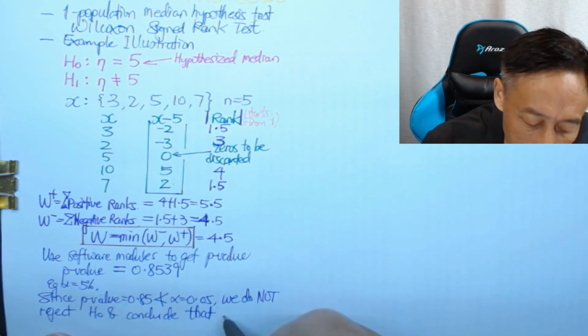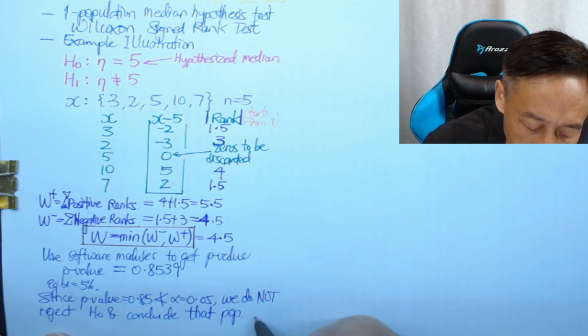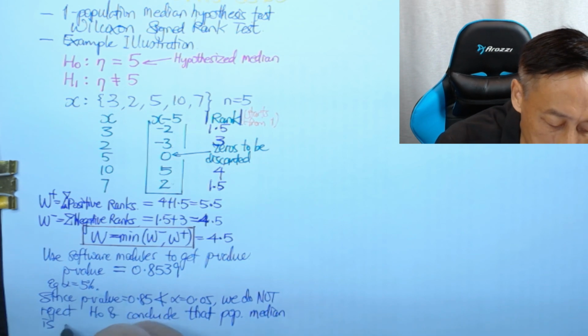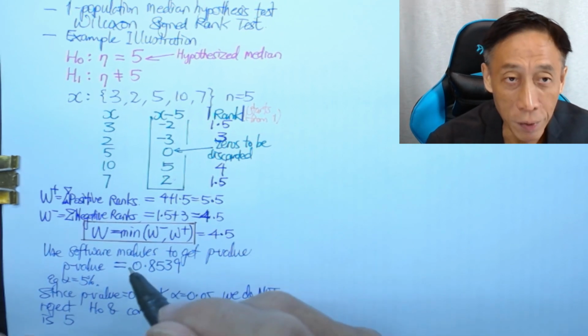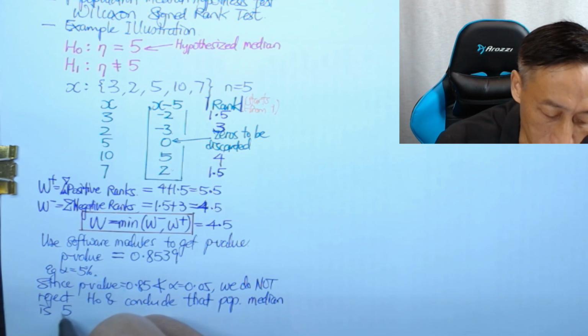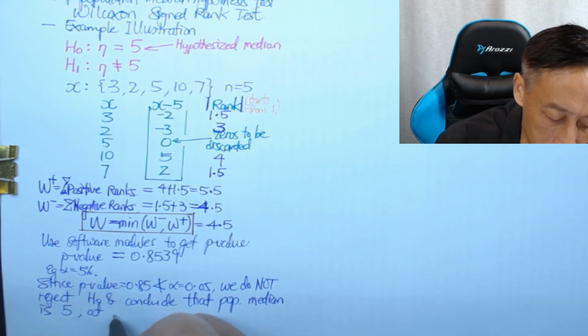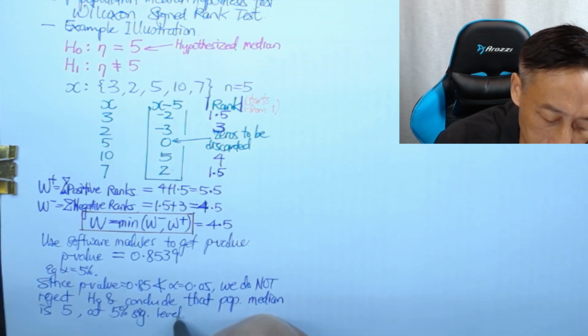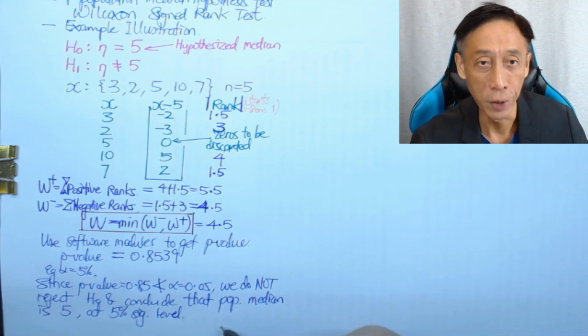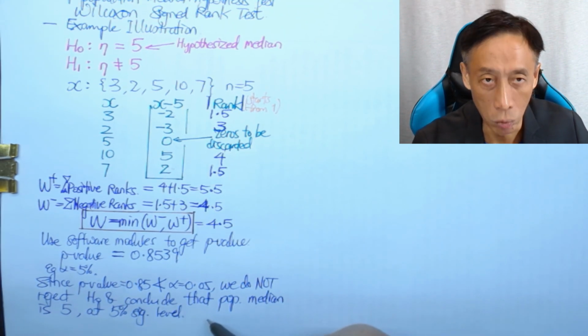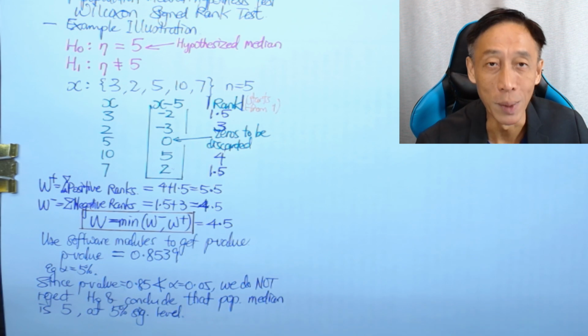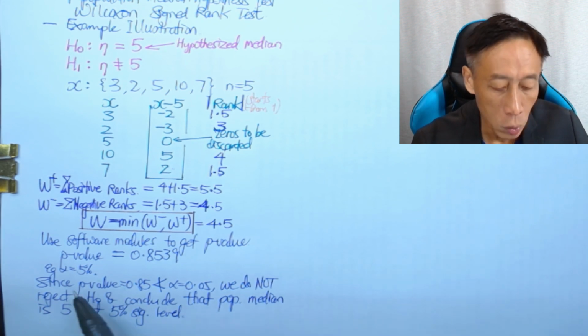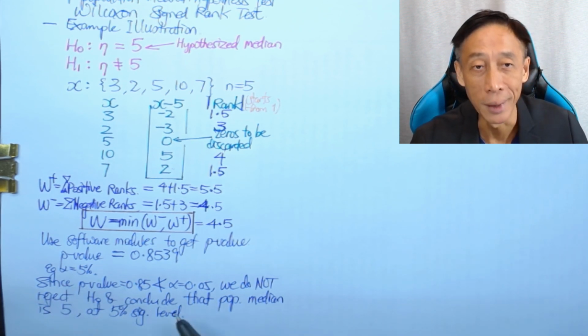So conclude that the population median is indeed 5. Here we stick with 5, but you understand, right? You need to write it up more into the context at the 5% significance level. So that will be the necessary and complete conclusion that I've been urging you to follow. It's almost like a form, just fill it up and that's it.